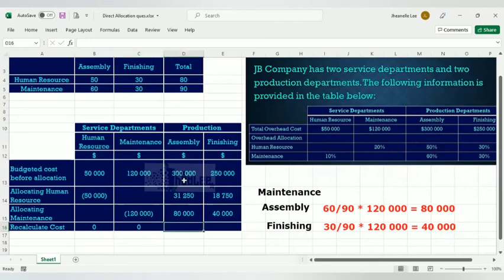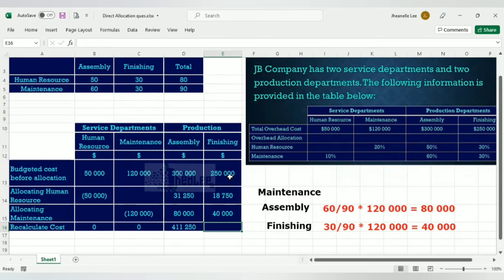Now for the assembly, the budgeted cost was 300,000. The allocation coming from human resources, 31,250, while the allocation coming from the maintenance service department is 80,000. Add those figures together, you get a total of $411,250.